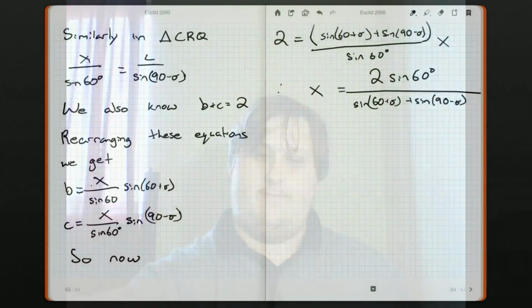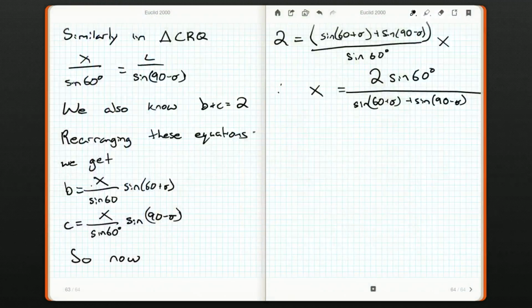And as I predicted, I think we're going to have to use the sine sum angle formulas. Okay? So this should now boil down to a lengthy computation, and that should be it. So we just need to show that SD, which is square root 2 x sine of 75 plus sigma.